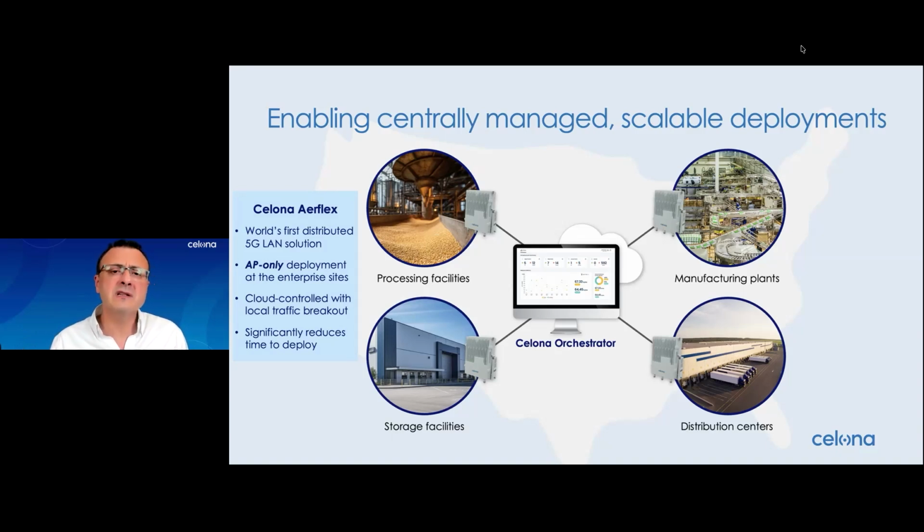And from an operational point of view, this is critical. Many of these sites don't have an on-site IT or OT staff. Everything from configuration to software upgrades and performance monitoring can be managed centrally through the orchestrator. Local personnel can be involved in only very basic tasks, right?